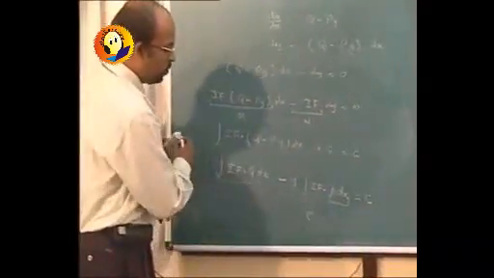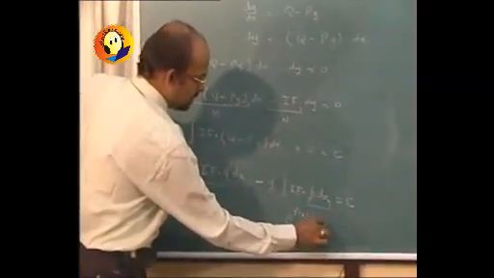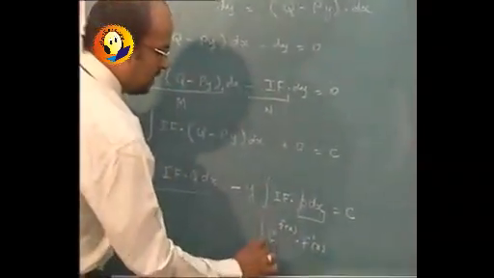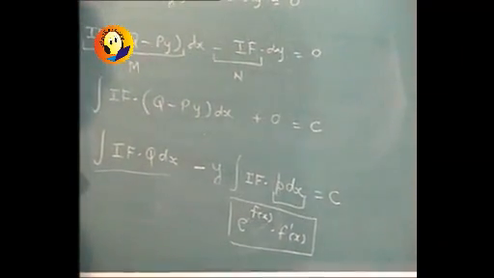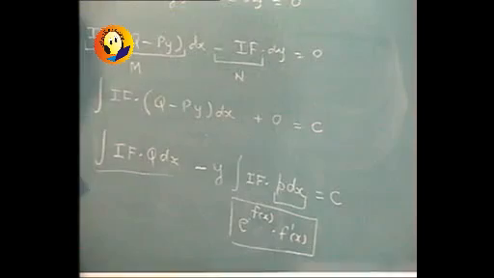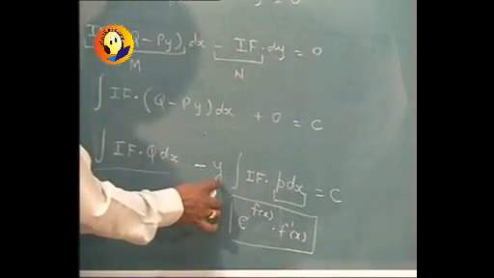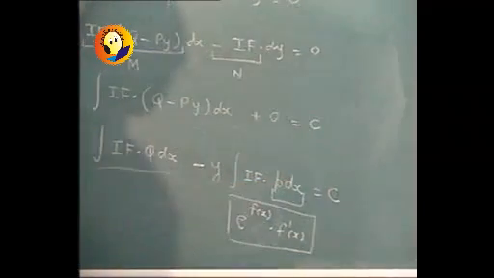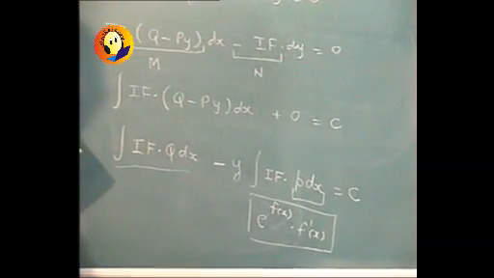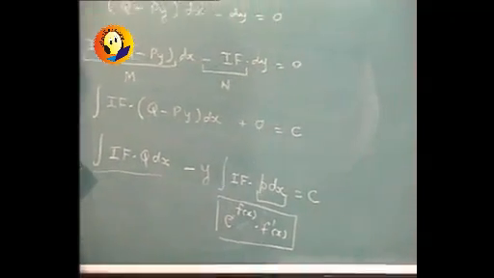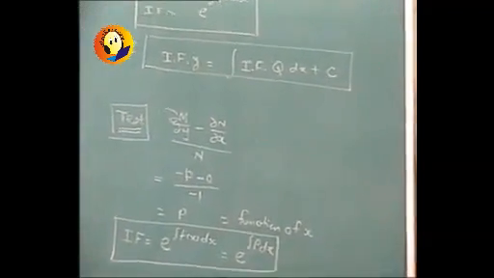So this comes out to be e raised to f(x), which is nothing but e raised to integral P dx, that is IF, and so this becomes minus y into IF equal to constant, and we have got the solution in the form IF into y equal to integral of IF into Q dx plus constant.